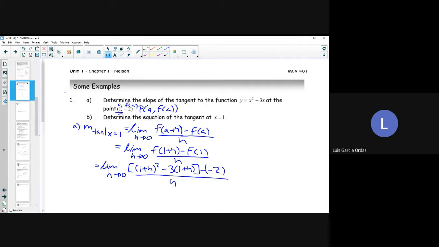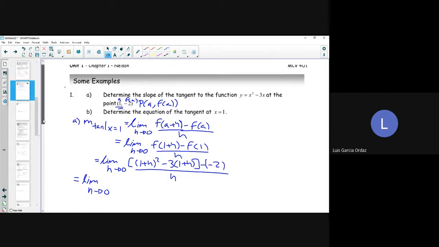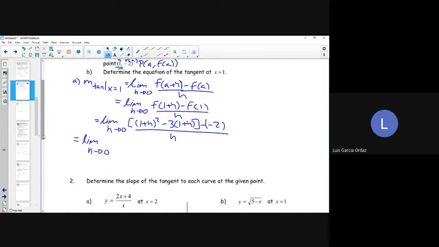Feel free to ask questions as we go along. Was anyone able to simplify what we had in the bracket over here? You can either say it out loud or try to type it out, even though it's going to be weird typing out a limit. It's up to you guys.